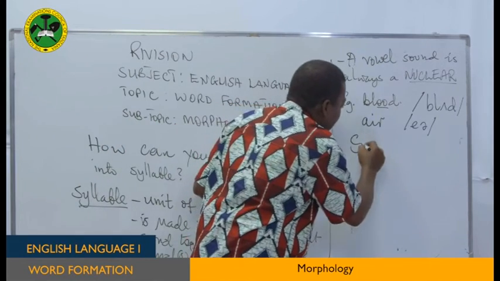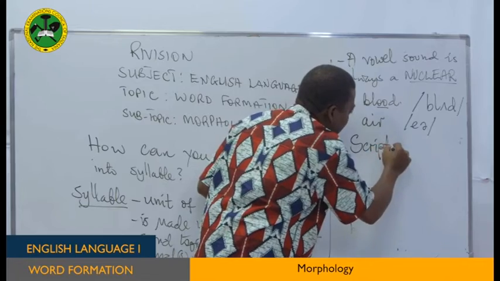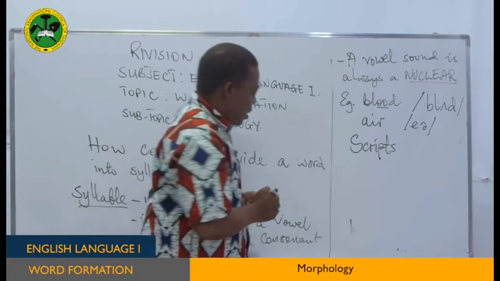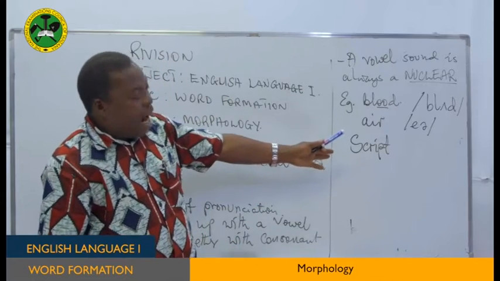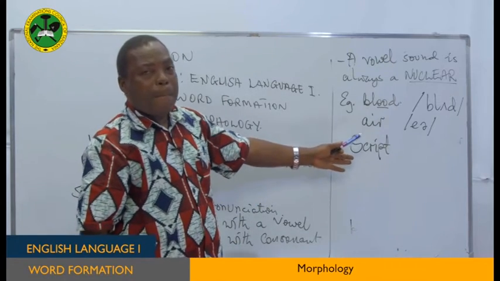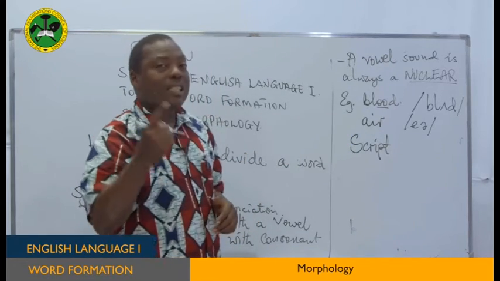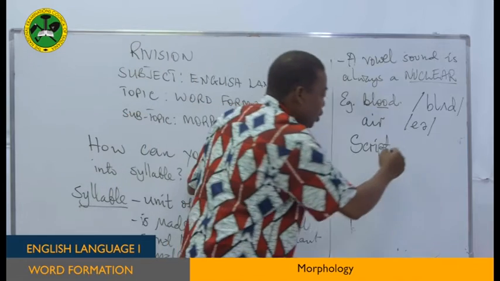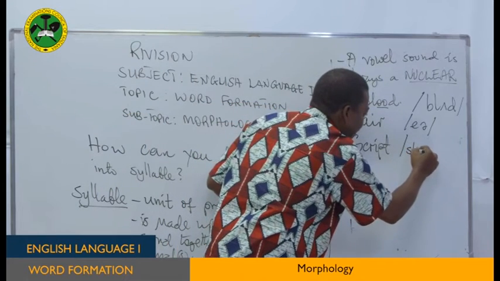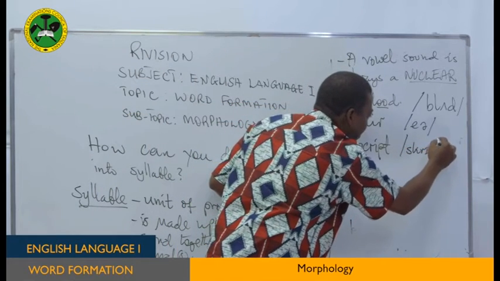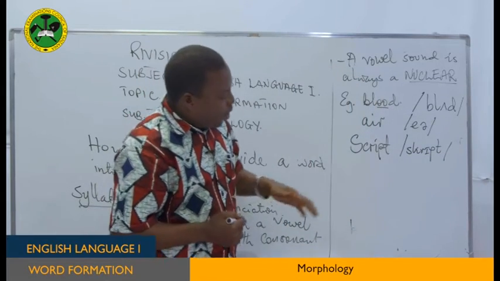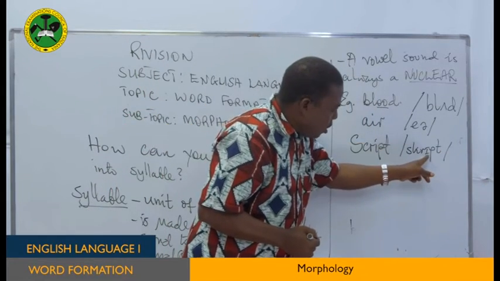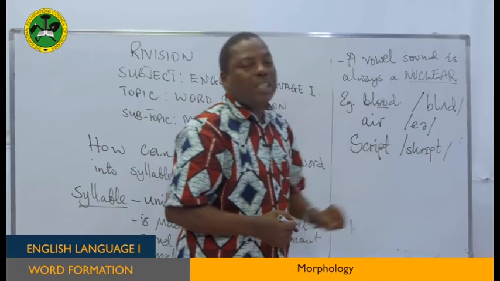Think about a word like script. How many syllables do you have there? Again, you have one syllable. If you pronounce this, you'll find you end up with these sounds. When you look at all those, it's only E which is a vowel there.